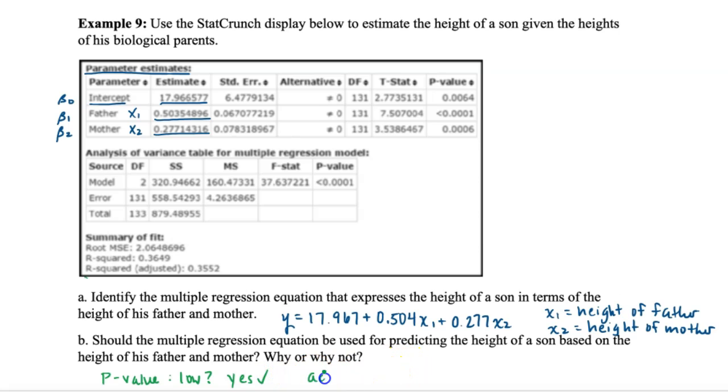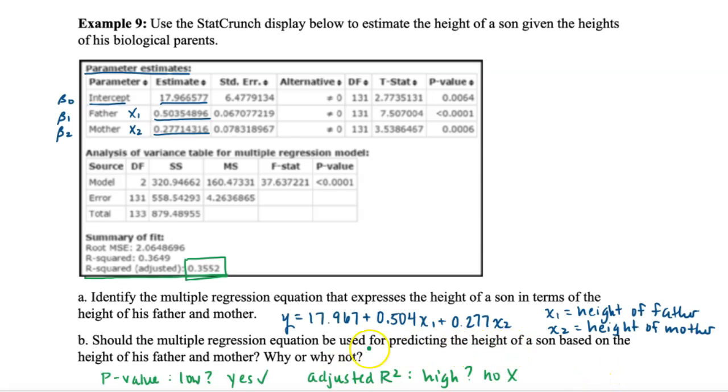Now I'm looking at my adjusted r squared, and I need this adjusted r squared to be high if this is a good fit. And so I can now look at my summary of fit, and I see the r squared adjusted of 0.3552. And so with an r squared adjusted of 0.3552, no, I would say that this is not high.